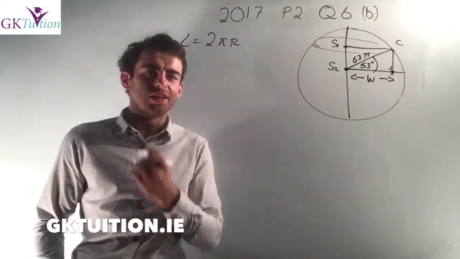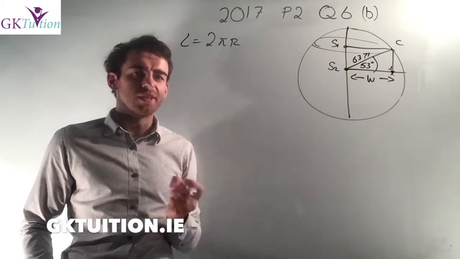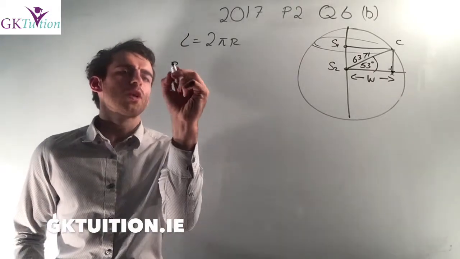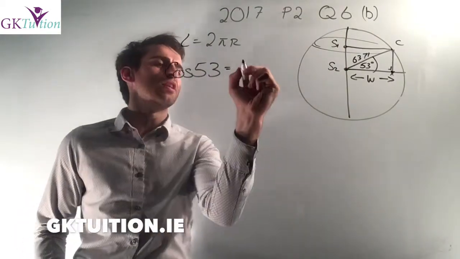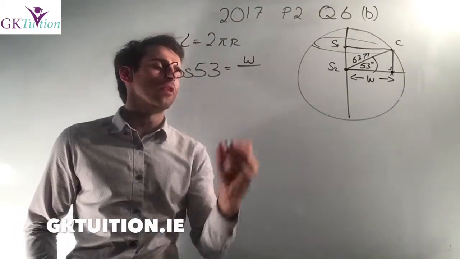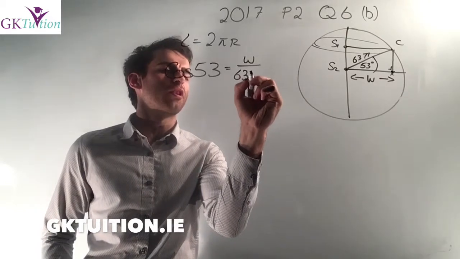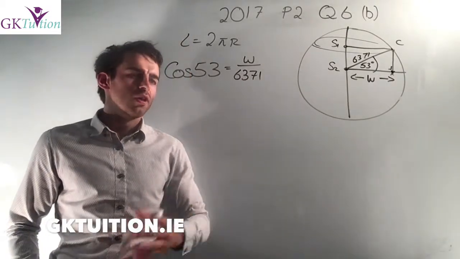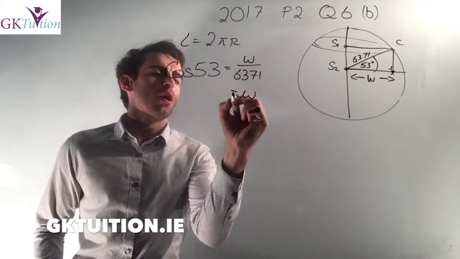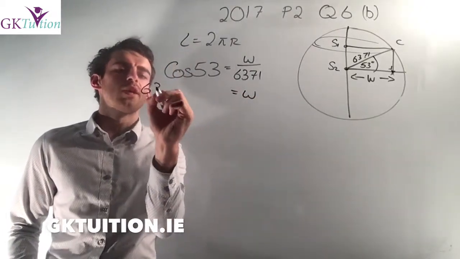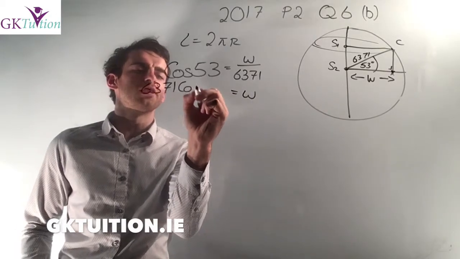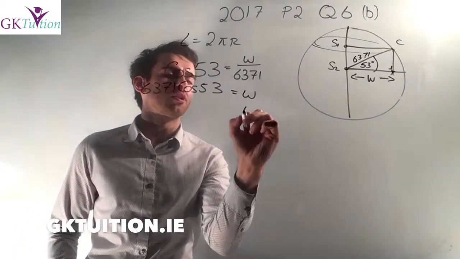If I'm dealing with the adjacent and the hypotenuse, that means I'm dealing with cos. So cos of 53 is equal to the adjacent, which is W, over the hypotenuse, which is 6,371. To get W on its own, I multiply both sides by 6,371, so 6,371 times the cos of 53 is equal to W.